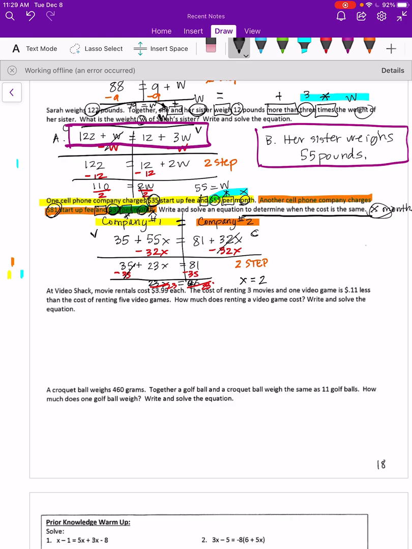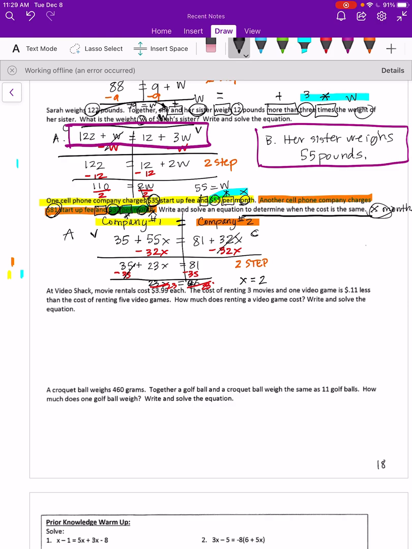If you're going to have that plan only 1 month, go with company 1 because the startup fee is less. And if you're going to have your phone 2 months, then either company, it's going to be exactly the same. So, determine when the cost is the same.